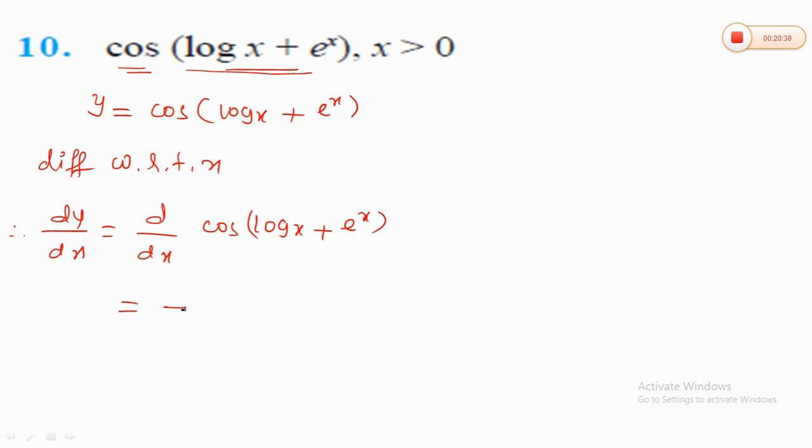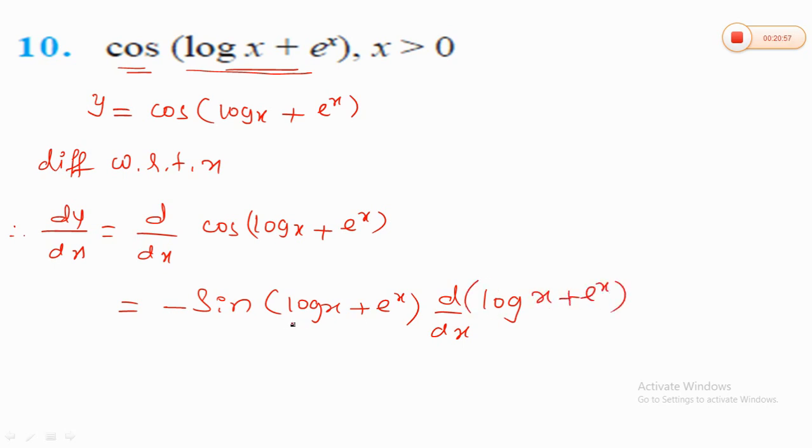The derivative of cos is minus sin of log x plus e raised to x, cos f(x), into d by dx of log x plus e raised to x. The remaining part is the function other than cos, that is, log x plus e raised to x.